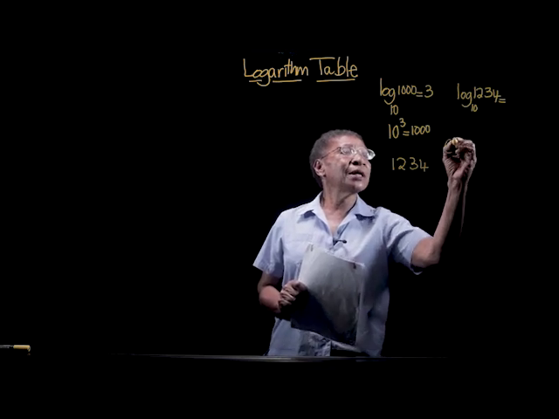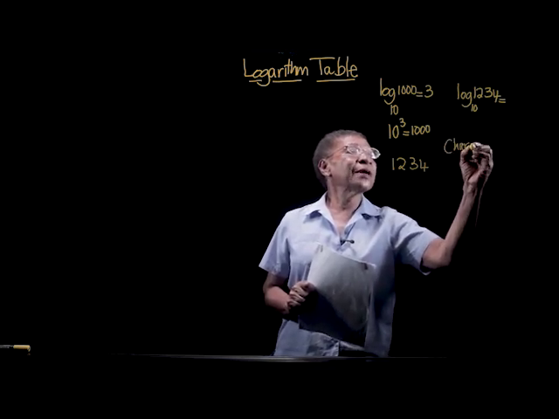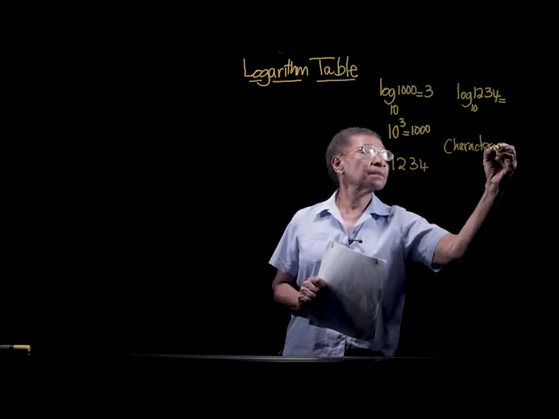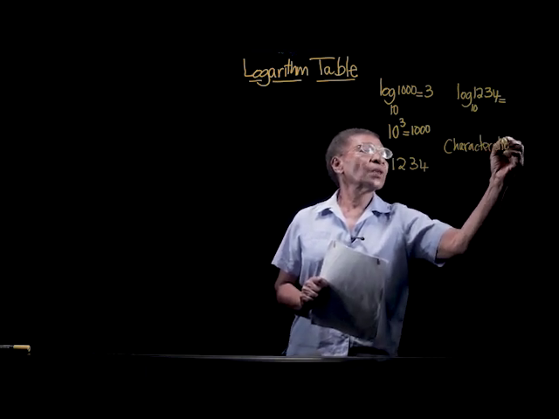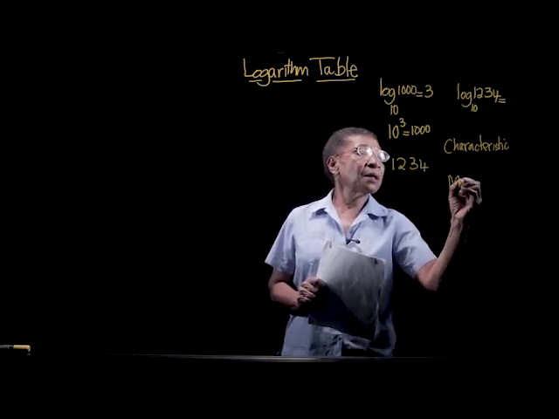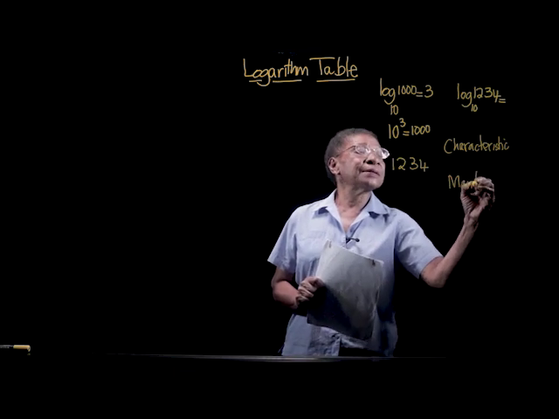One is the characteristic, and the other part is the mantissa.